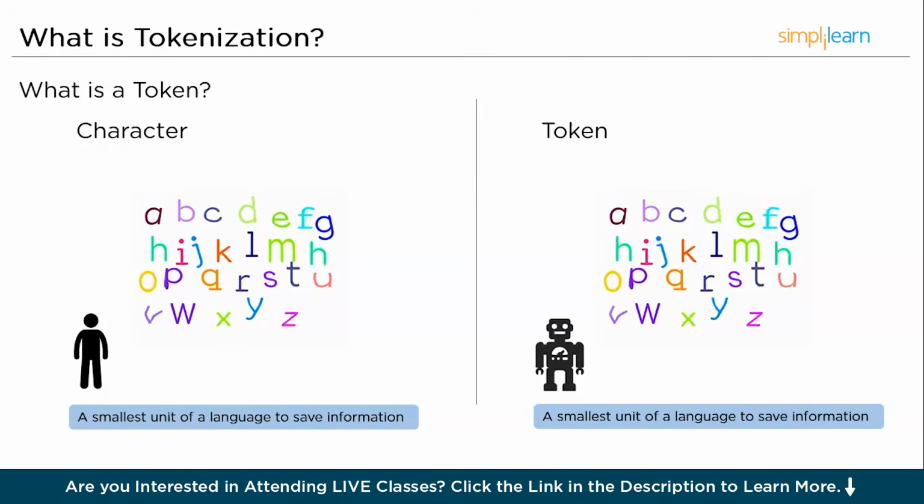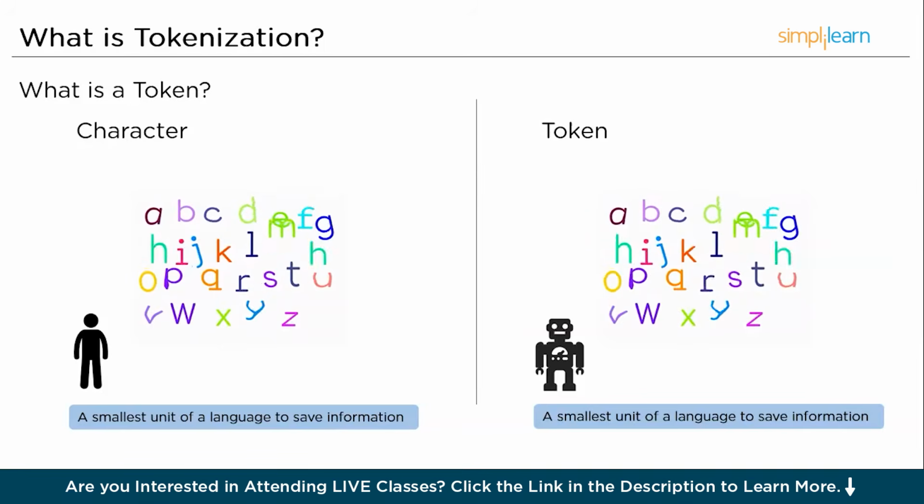For humans, the smallest unit of information we use to represent language is typically a single character, a letter, word, number, punctuation mark, or many more. But for LLMs, the smallest unit is a token. A token can be a single character, a part of a word, a whole word, or even a short multi-word phrase.